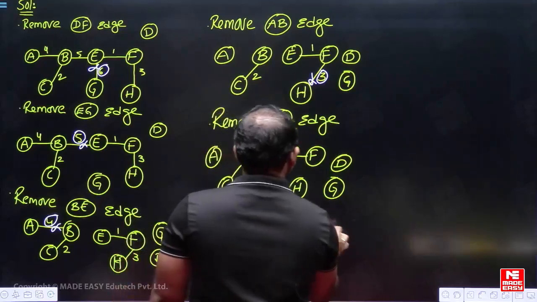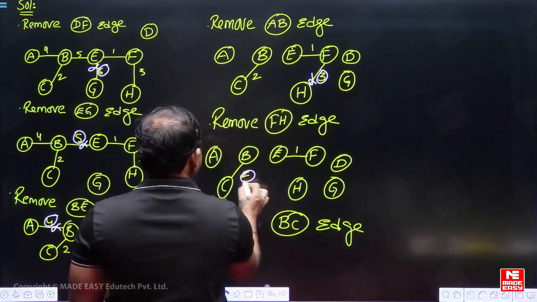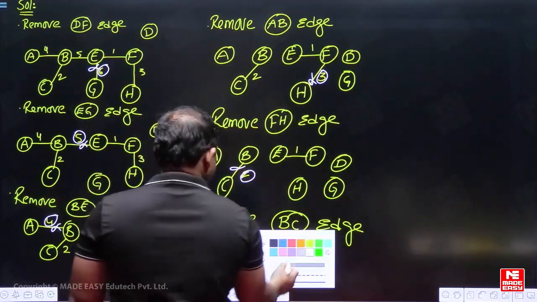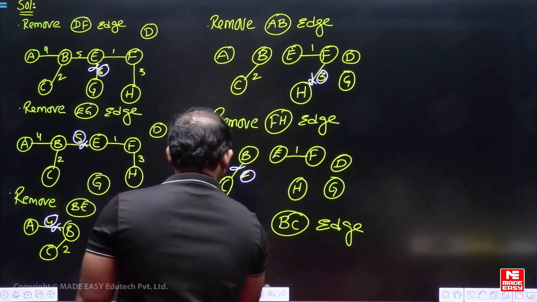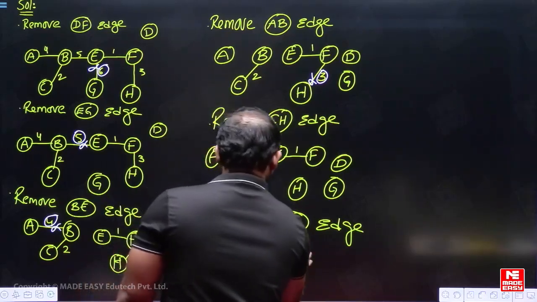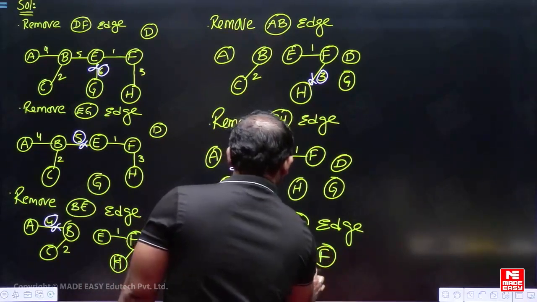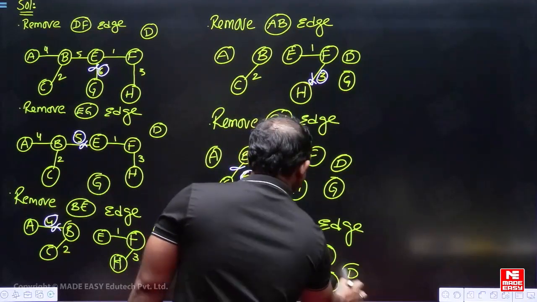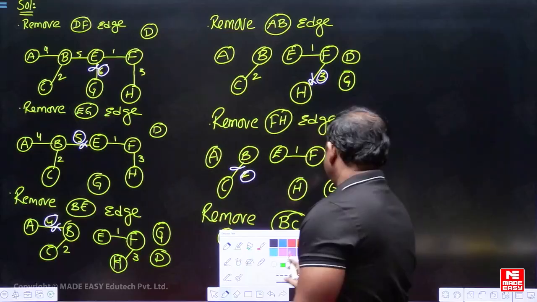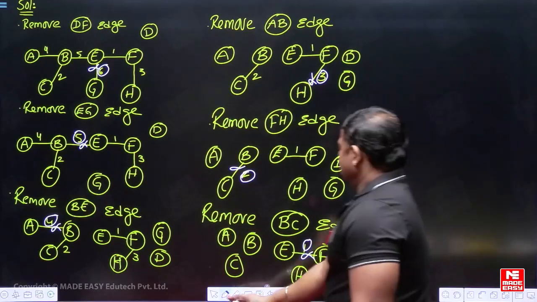Then next, remove the BC edge. Okay. This is higher weight. Remove. So what you have? A, B, C. Then E, F. This is 1. Then H, G, D. Okay, last is what? Remove this edge. Fine.